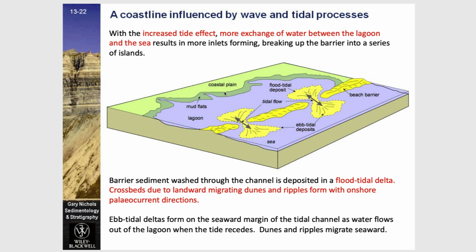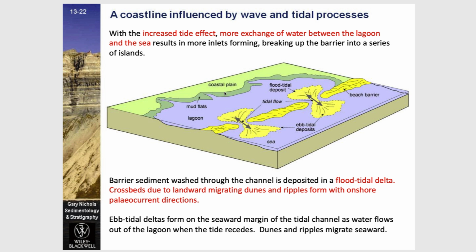If we have a coastline that is influenced by both wave action and tidal processes, so let's say a region that is more mid-tidal or macro-tidal, with very extensive reflux of currents, you usually see larger inlets with the increase of the tide effect, and these are commonly represented by a dualism in the depositional system.